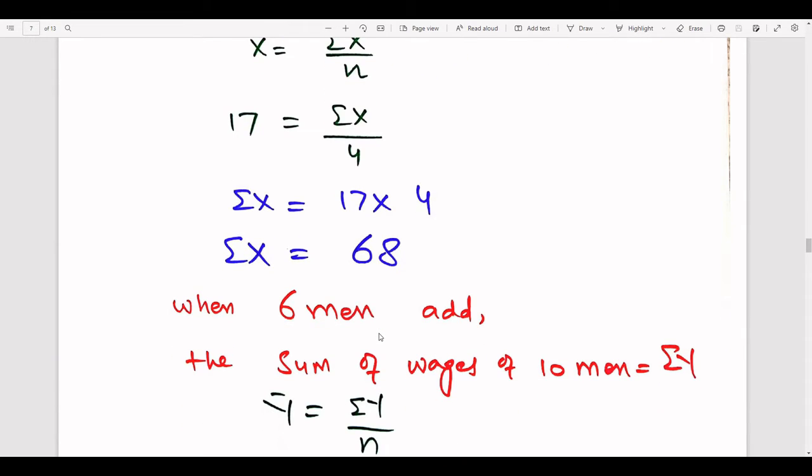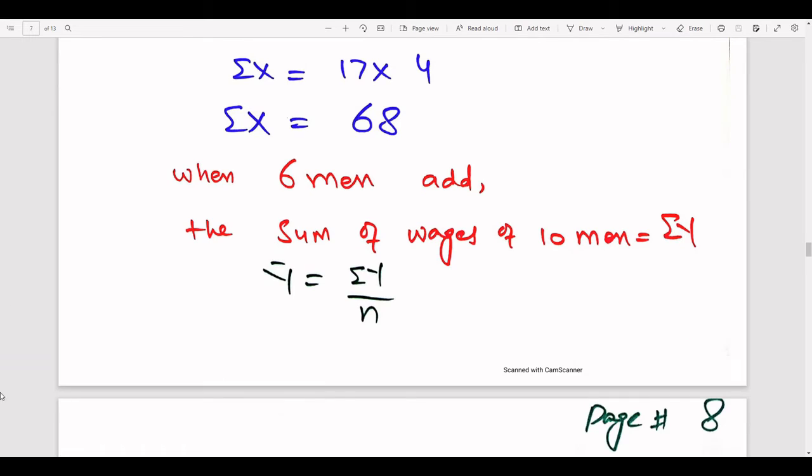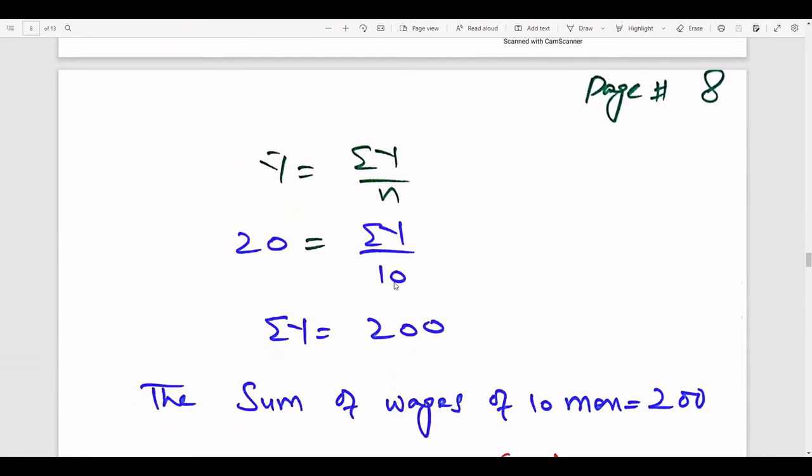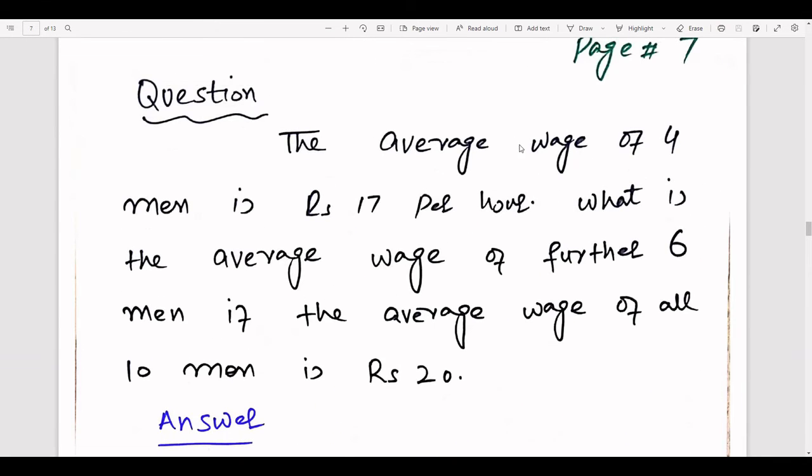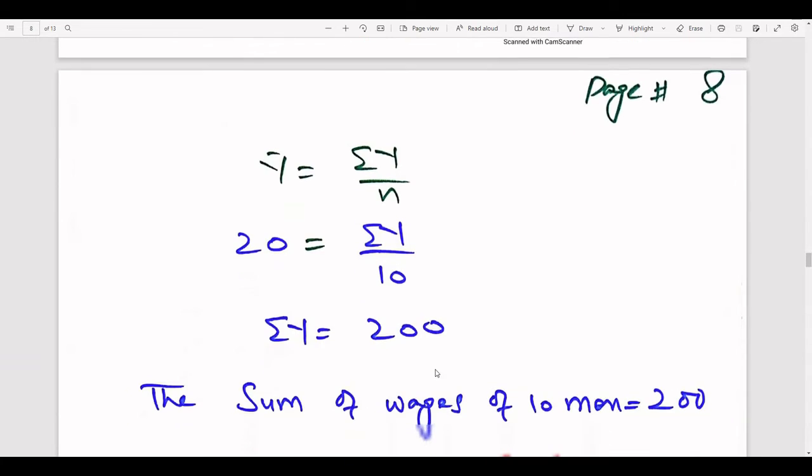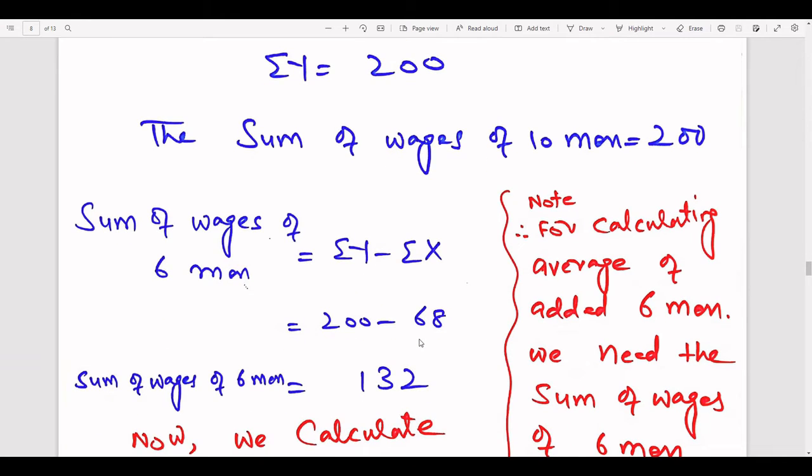When 6 men are added, the sum for 10 men is represented by y bar is equal to sum of y over n. Small n is 10 and the mean now is 20. So sum of y is equal to 200. The sum of wages of 10 men is 200.